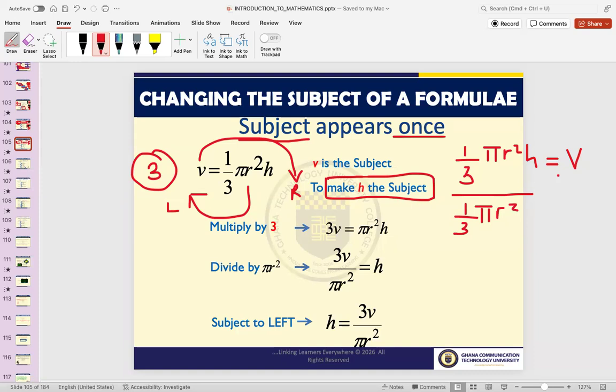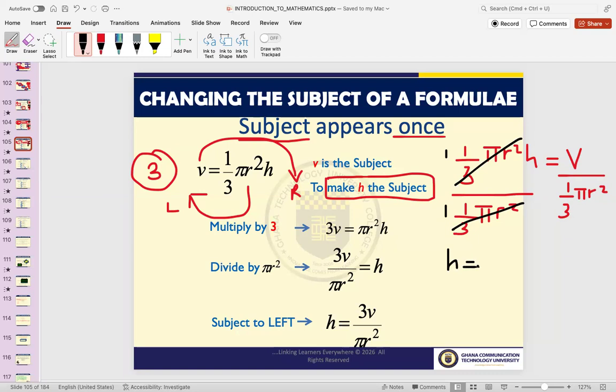We do the same thing here, divided by 1/3 pi r squared. Then we do some cancellation. All this will cancel all that. And then the h can now stand alone.